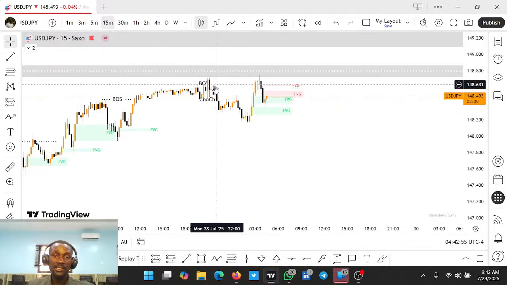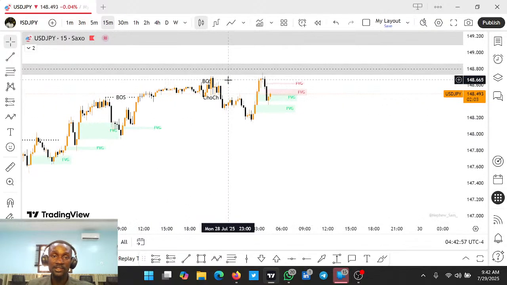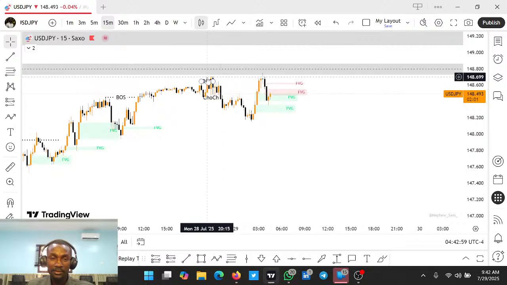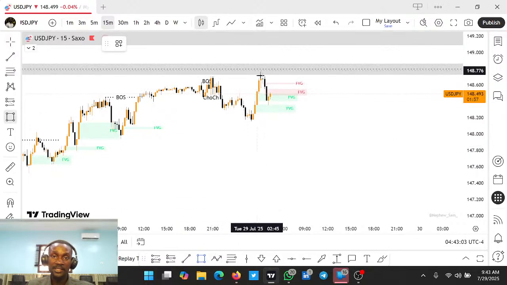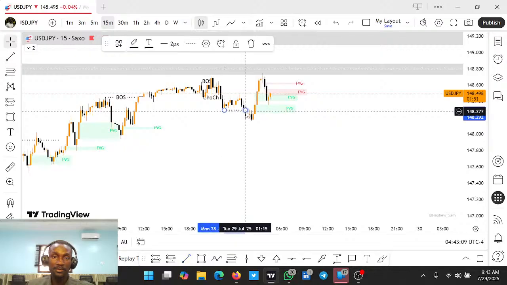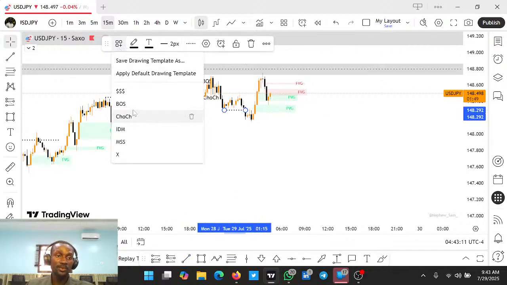Change of character. Price has given us a change of character, a low structure change of character, and instead reacted to the order block. So USDJPY is what?